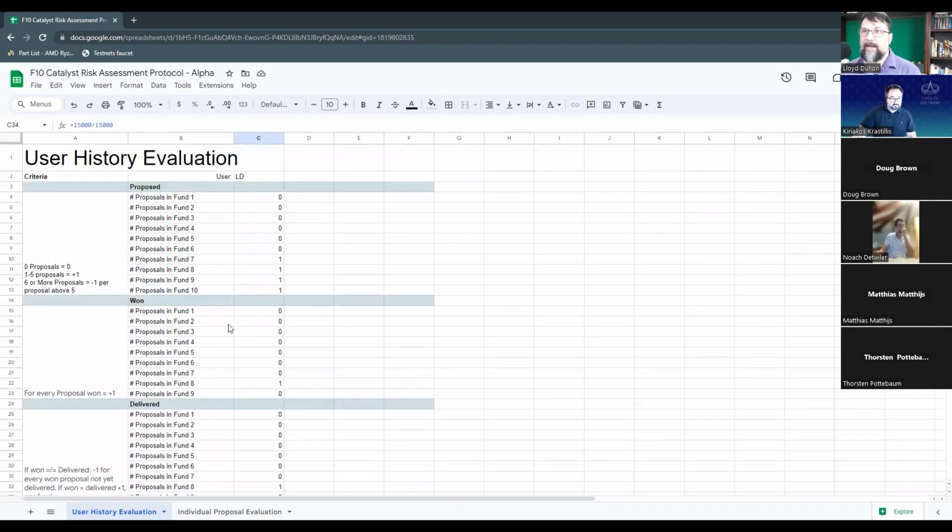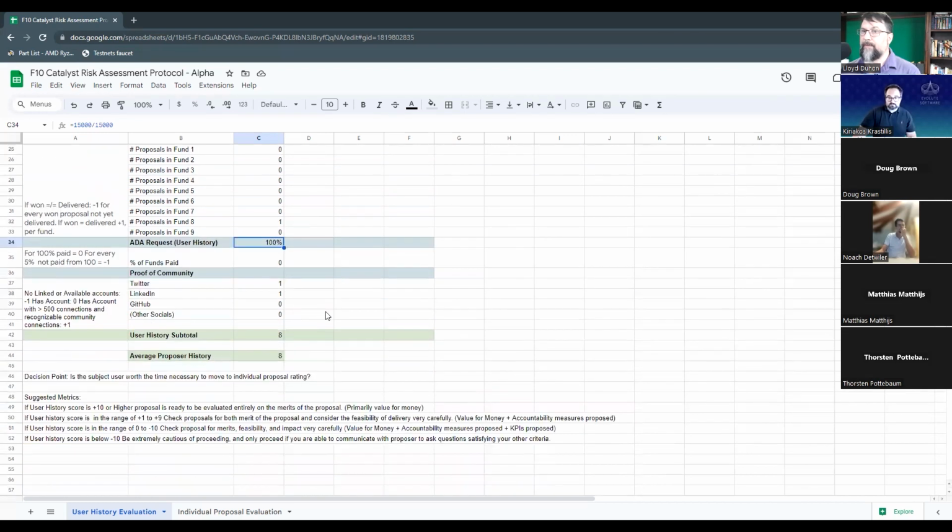The way this is set up, if you had multiple proposers within your proposals, you could run this for each of your multiple proposers and get an average across those. So let's say you've had some trouble in the past, but now you're working with a new team. Your trouble in the past doesn't drag down the new team.